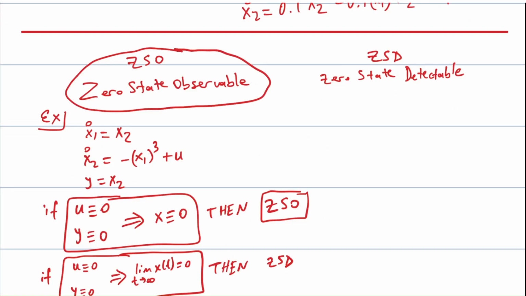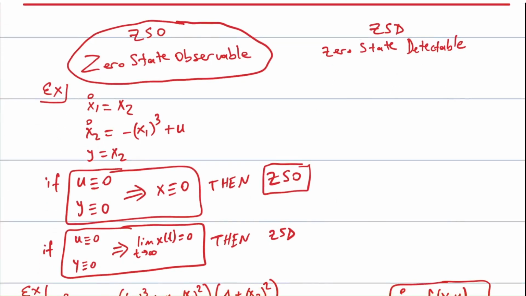All right, let's check the definition. Zero state observable, this is the definition. You have a nonlinear dynamical system with an input and also an output. We are not looking at the state evolution equation now, and this is a complete system in a way.